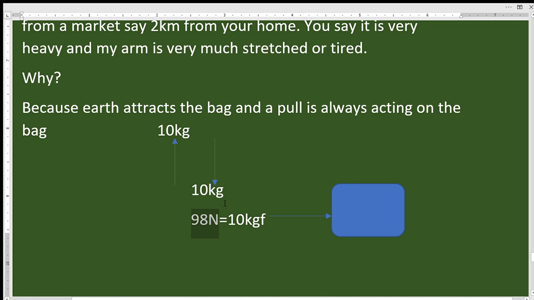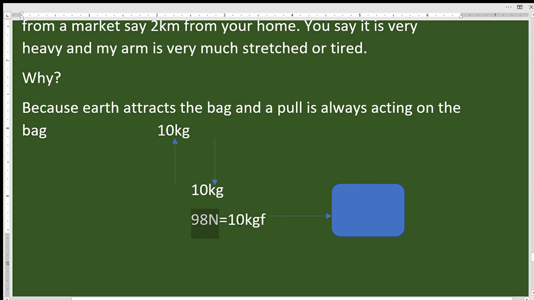Because you very easily know that if this much force is 10 kg, then this force is again 10 kg, because it is also 98 newton. Means you have found some equivalence for this vertical force and this horizontal force, or this may be an oblique force, whatever, but it is not vertical.